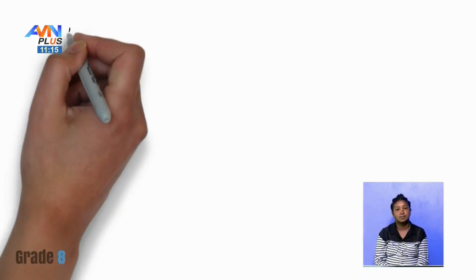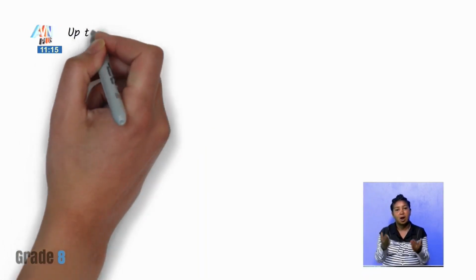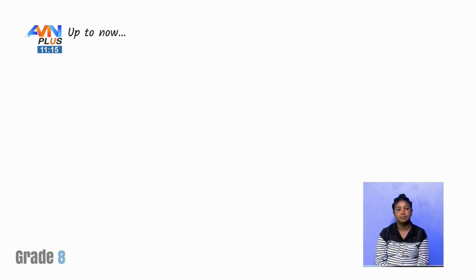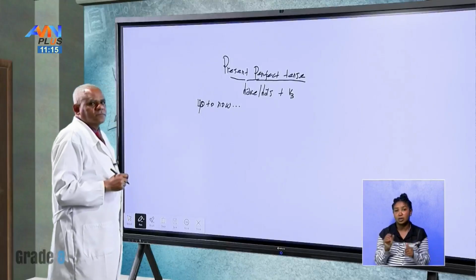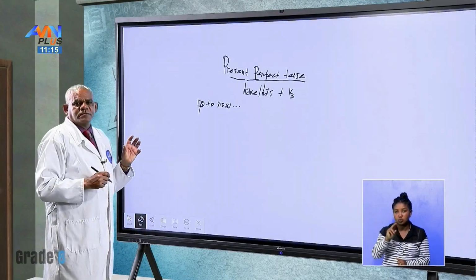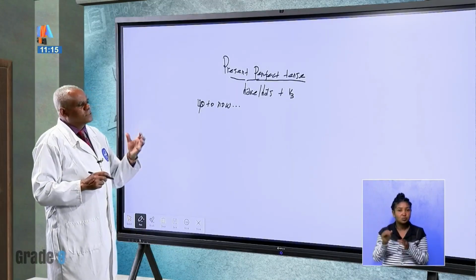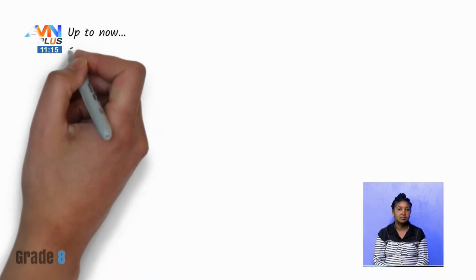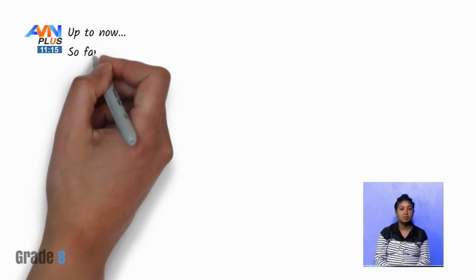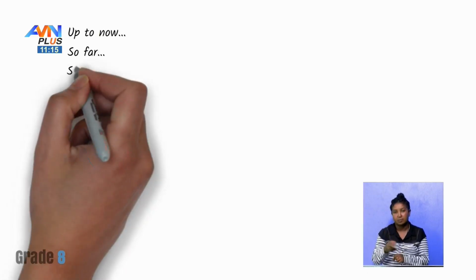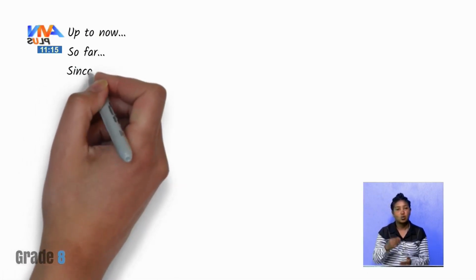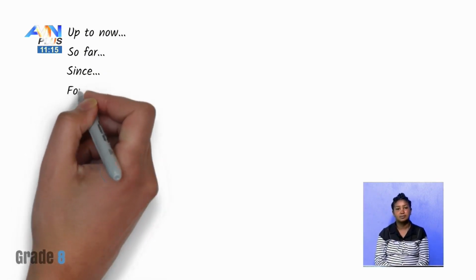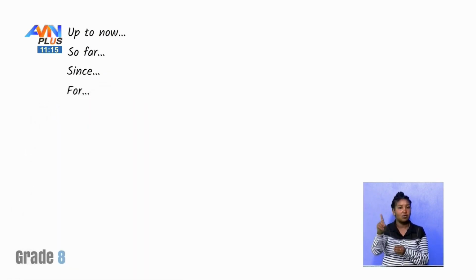Good. Up to now. Very important. These adverbs help us to make the present perfect tense. I'll show you with sample examples. It's not only this. So far. It's not only this, right? Since. And also for.